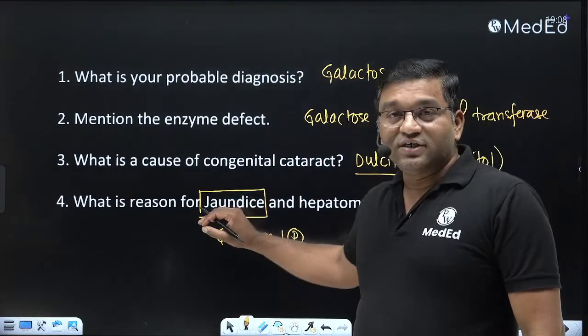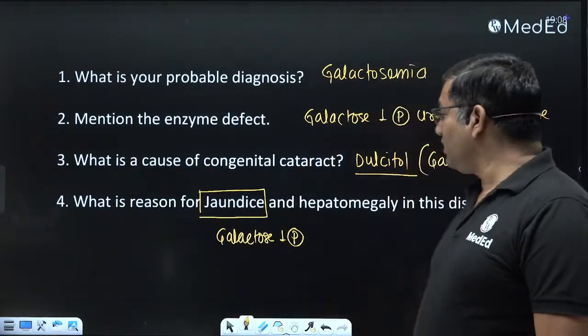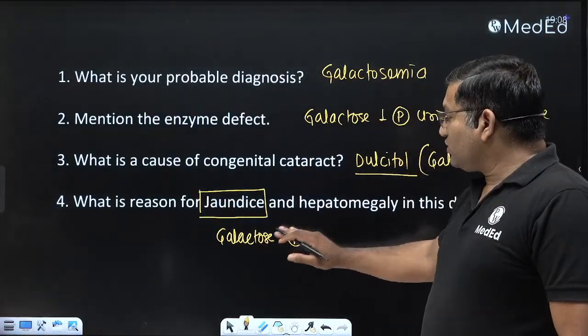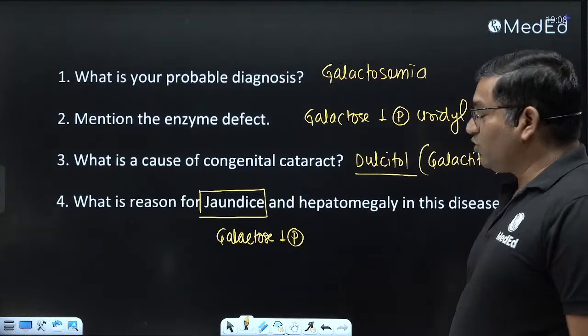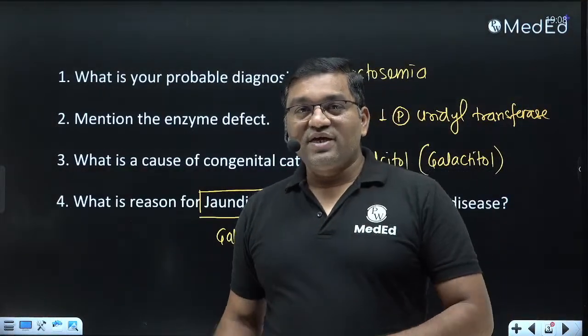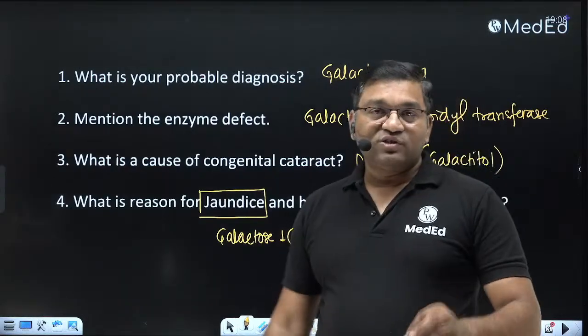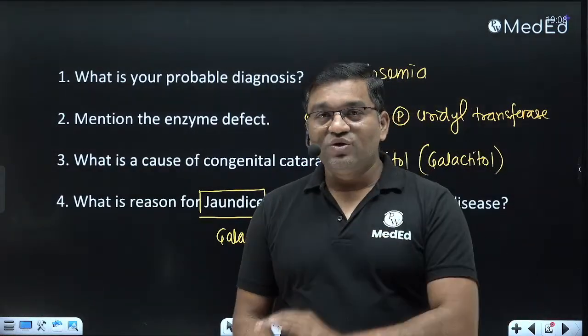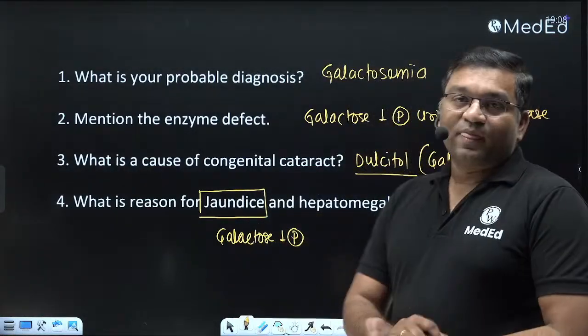So there is jaundice, there is an increase in indirect bilirubin, and accumulation of galactose 1 phosphate also causes hepatomegaly. There is also hypoglycemia. The reason for hypoglycemia is that galactose 1 phosphate inhibits glycogenolysis. That's why there is hypoglycemia.